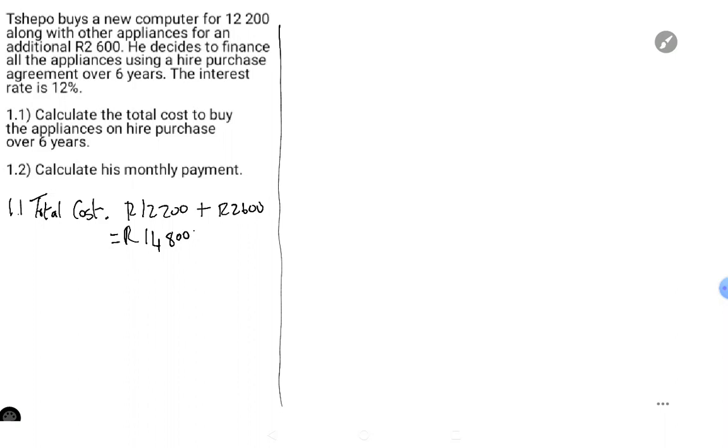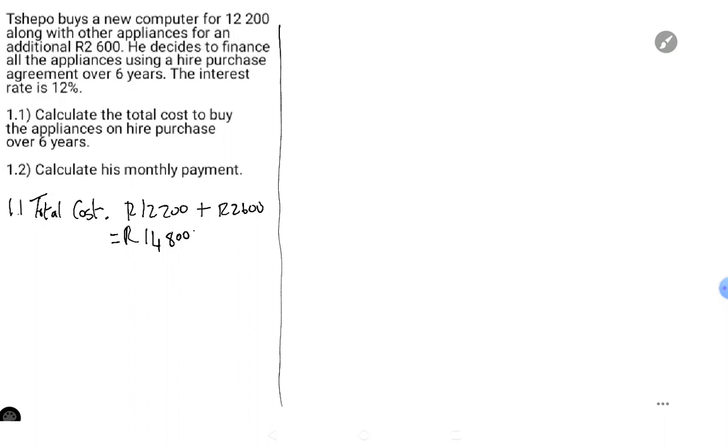So what's the next thing? Remember the previous lesson, which is basically financial maths 101. It teaches you a whole range of stuff. And there, I remember teaching and saying, and even being on the screen, that when you hear hire purchase, think simple interest.